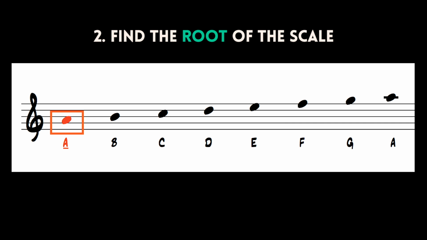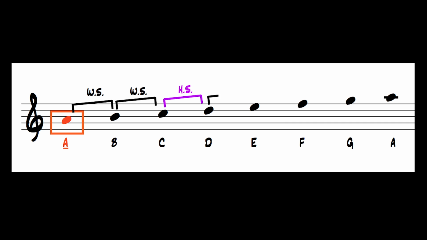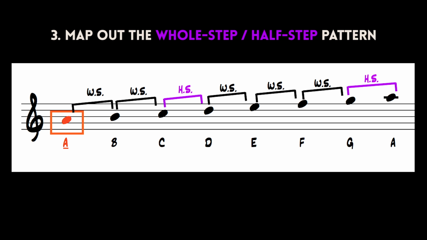And then we want to use our knowledge of the major scale to map out the whole steps and the half steps. So you count up from A, and we know that the major scale goes whole step, half step, and then whole step, and then finally a half step.